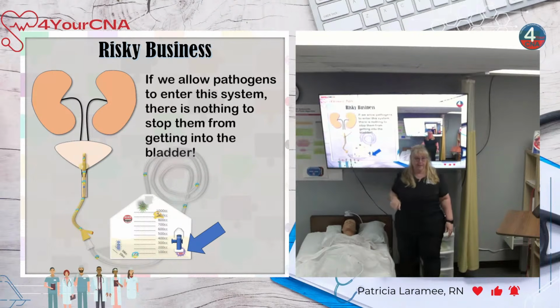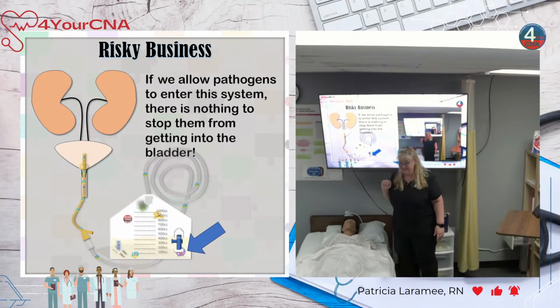So some of these little intrepid explorers are going to start climbing up that tubing because they see an exit. And as they climb, now the urine's getting warm. So we're adding warm into the equation. Now they're really going to ramp up, and they're going to keep procreating as they climb and climb. And if they're lucky enough to get into the catheter, now we've got rid of their light.